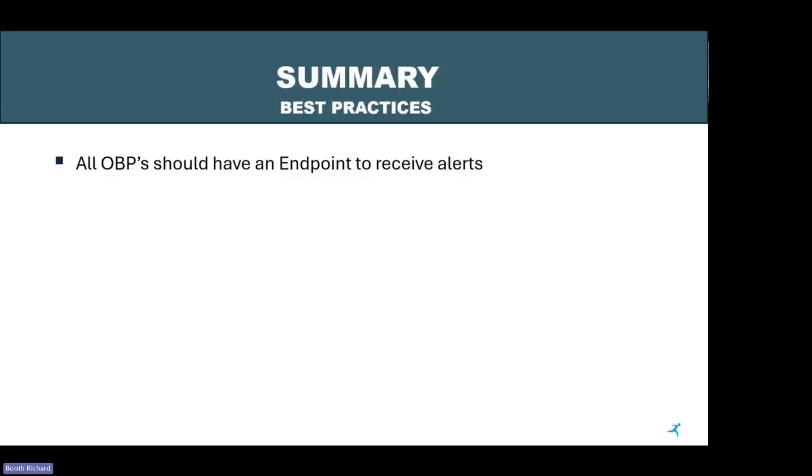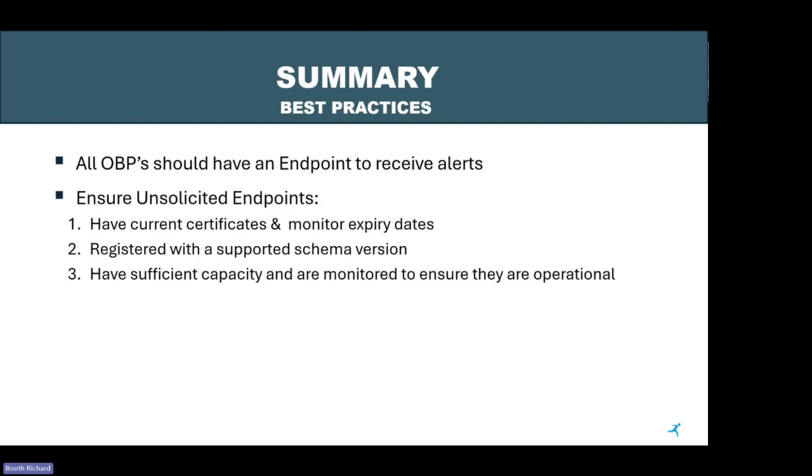So, in summary, all OBPs should have an endpoint with which to receive alerts, to make sure that you are always guaranteed to get everything directly from the hub. Ensure that any unsolicited endpoints have current certificates, and keep an eye on those expiry dates.